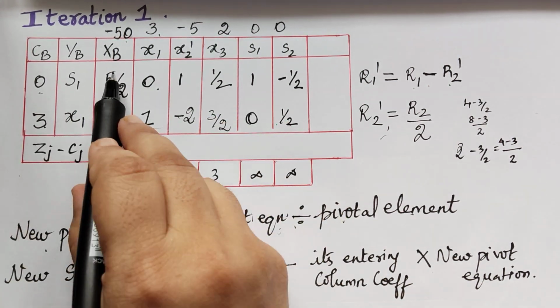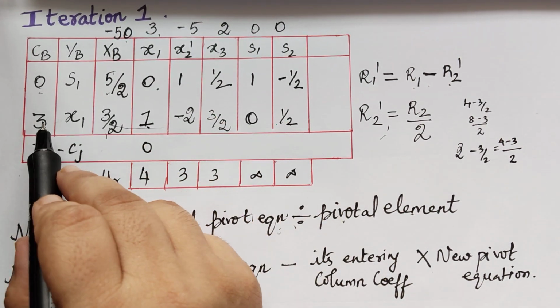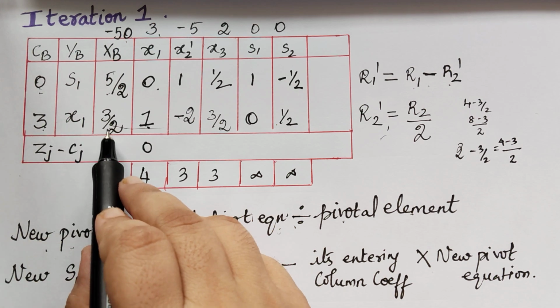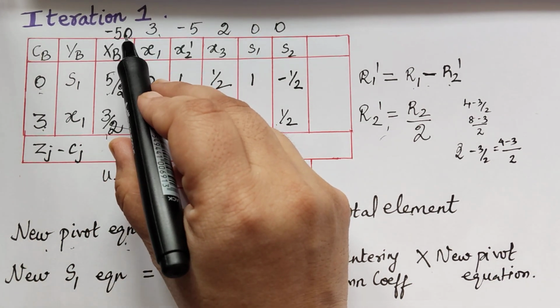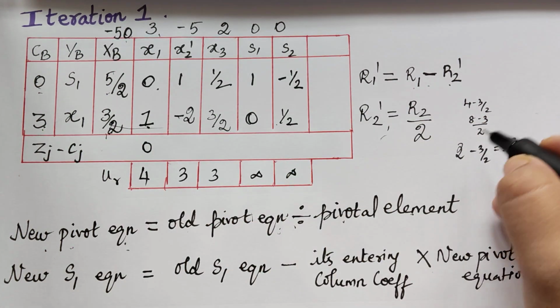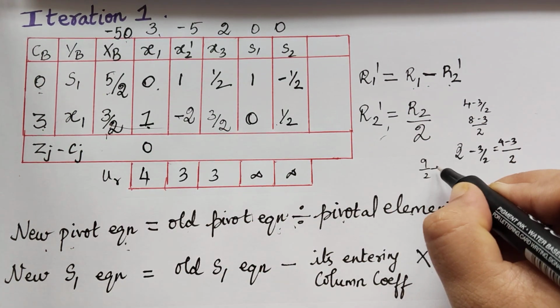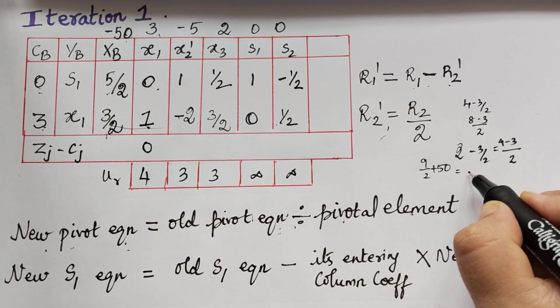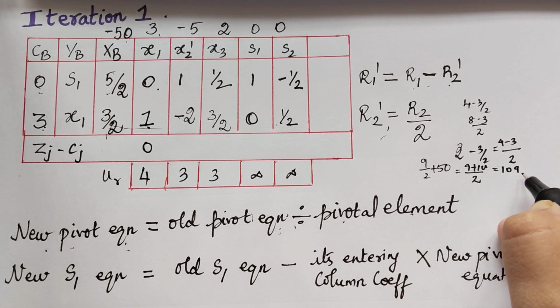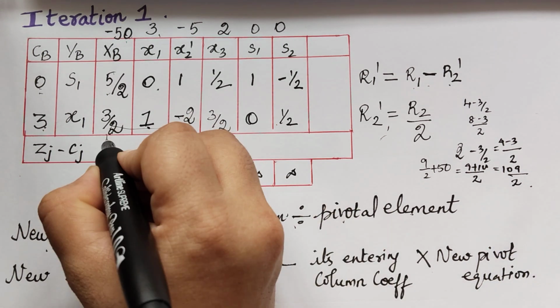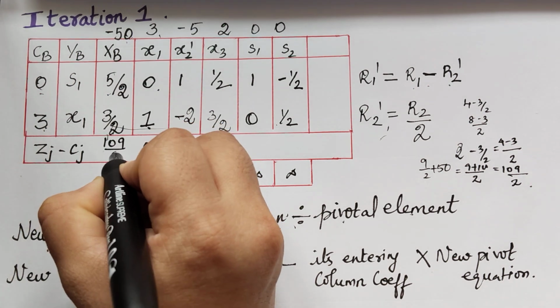And here for this value we have to do 0 into 5 by 2 plus 3 into 3 by 2, which will be 9 by 2, minus of minus 50, which will be plus 50. So it will be 9 by 2 plus 50. LCM is 2. So 9 plus 100, that will be 109 divided by 2.